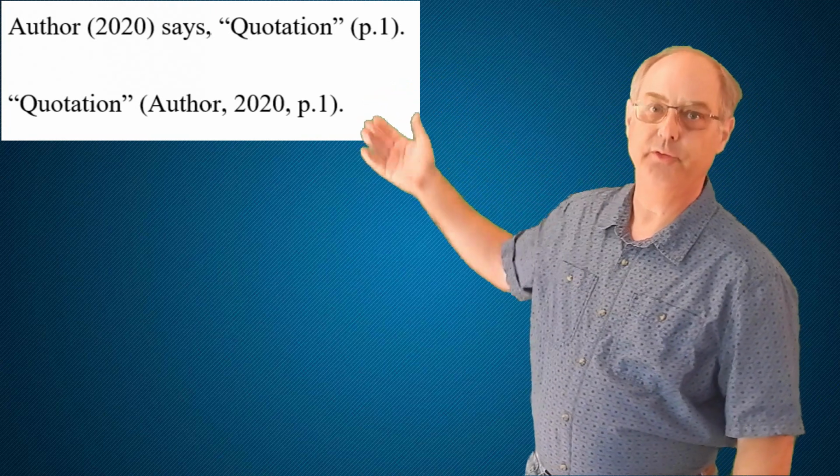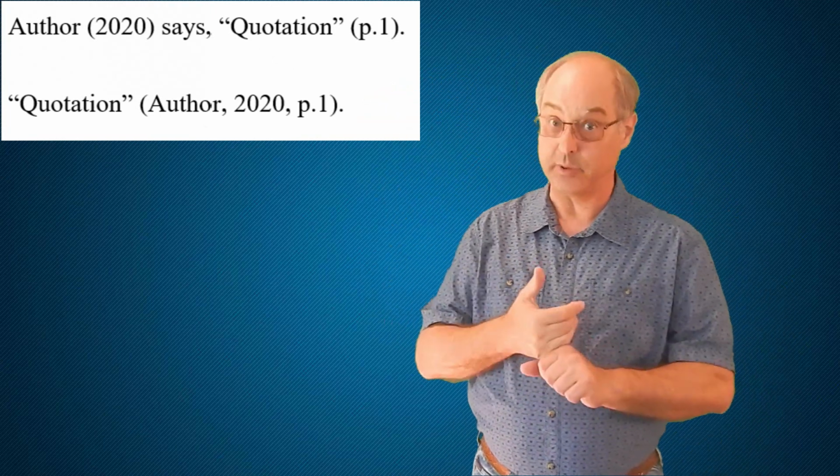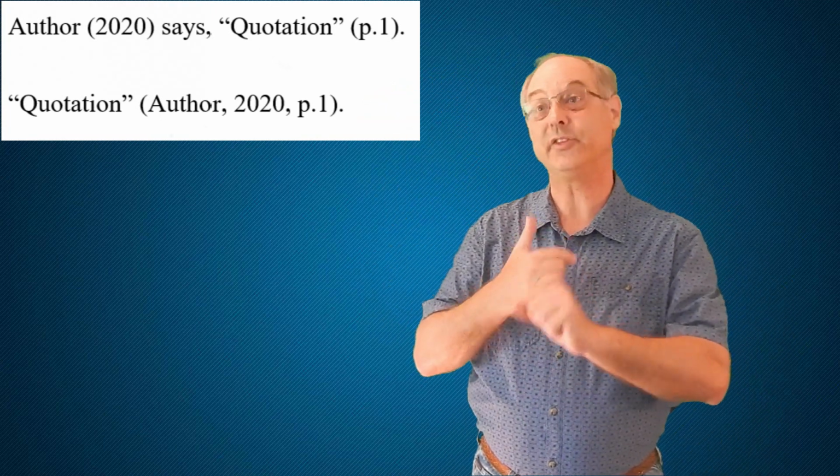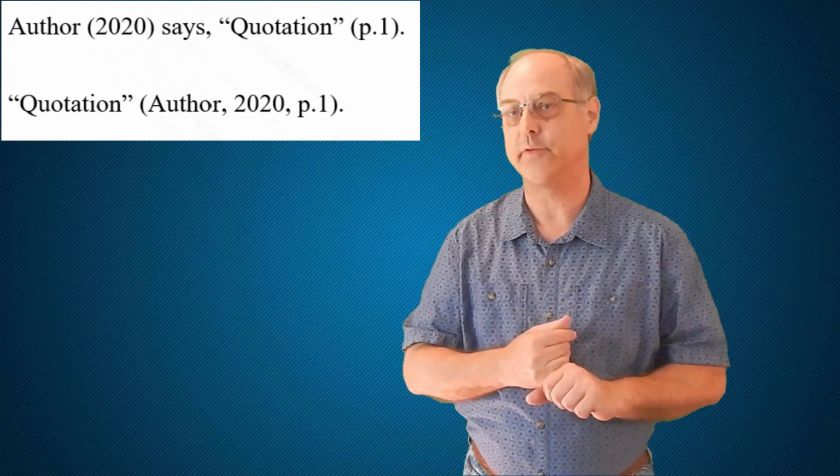So they can look at what you've written in your reference list and say, aha, I want that particular piece of research and I want to look that up. So when we go to the citations, citations are simpler. Remember that these are merely signs pointing to the references list.